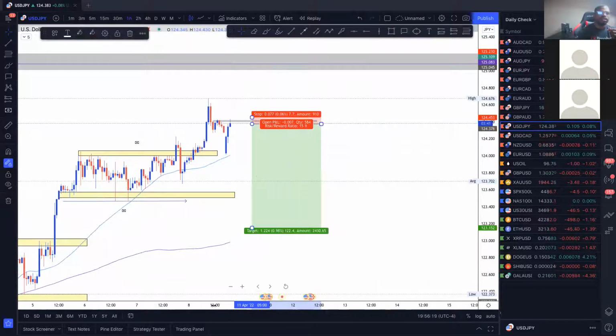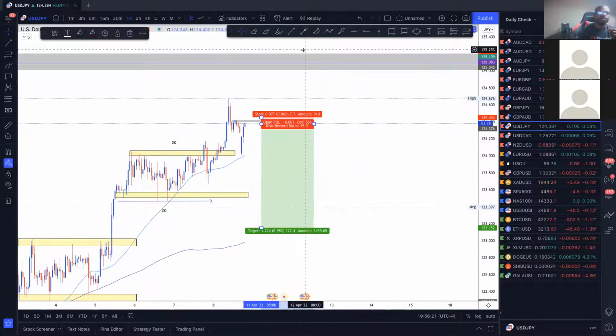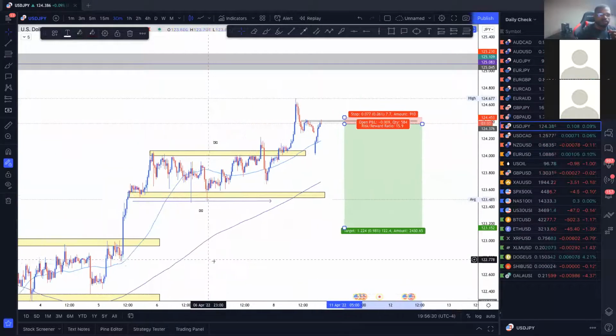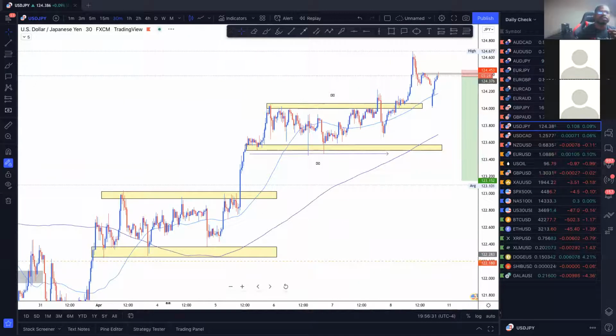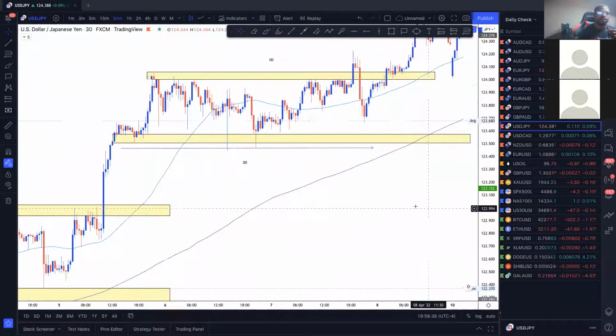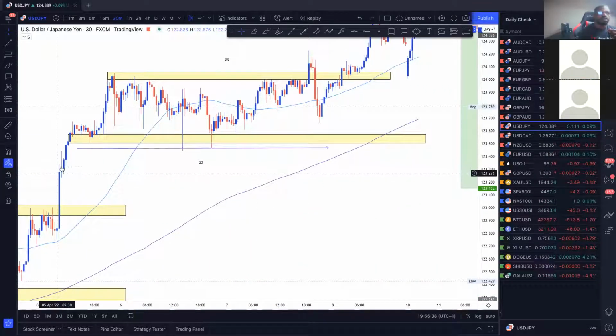And from there, we can catch it back up to this area. All right. So let's see what's down here. Okay, so within that imbalance zone, let me mark this area here.